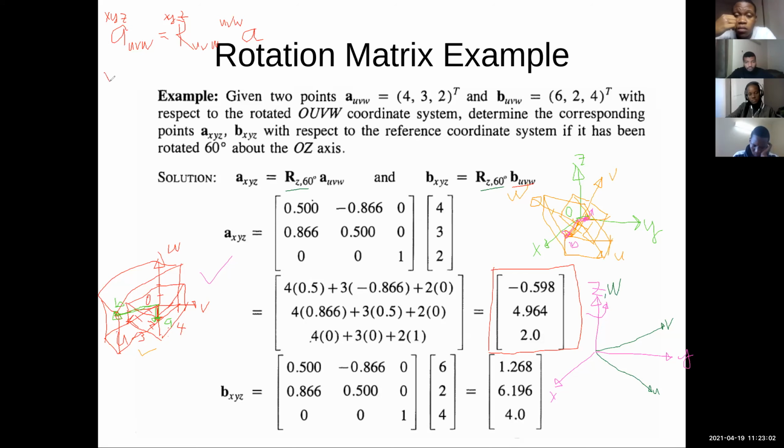So B from the U, V, and W frame will be multiplied with the rotation matrix R based on the X, Y, and Z frame, where you have U, V, W of the B vector.